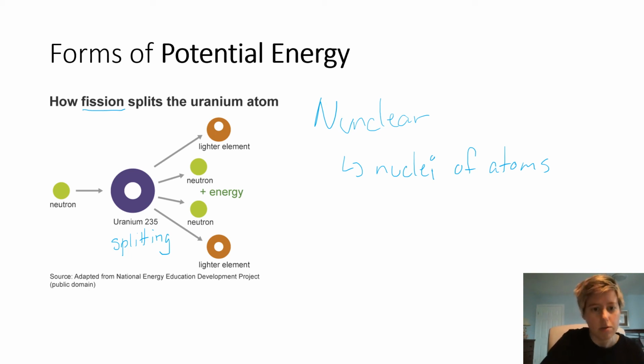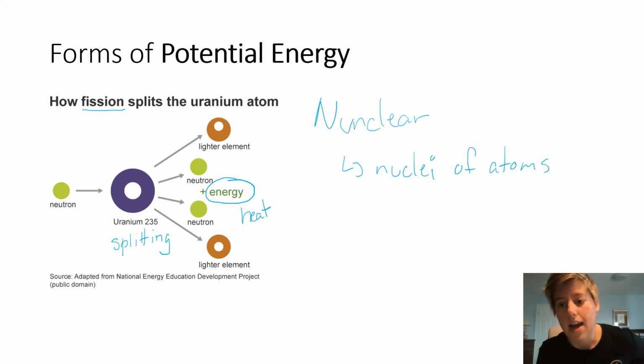And during this reaction, because I am breaking apart the nucleus of the atom, I release not only neutrons and lighter elements, but a lot of energy. And in nuclear reactors, they tap this energy to produce electricity because this energy is usually in the form of heat. And then they tap it and they can produce that into electricity.